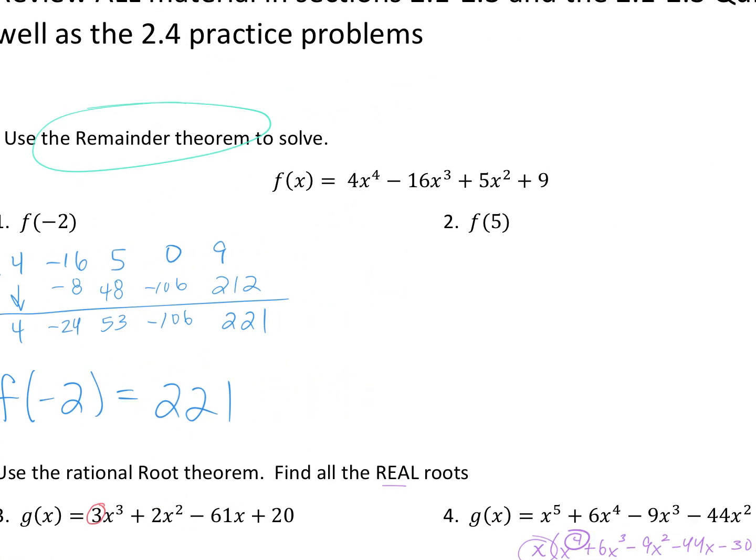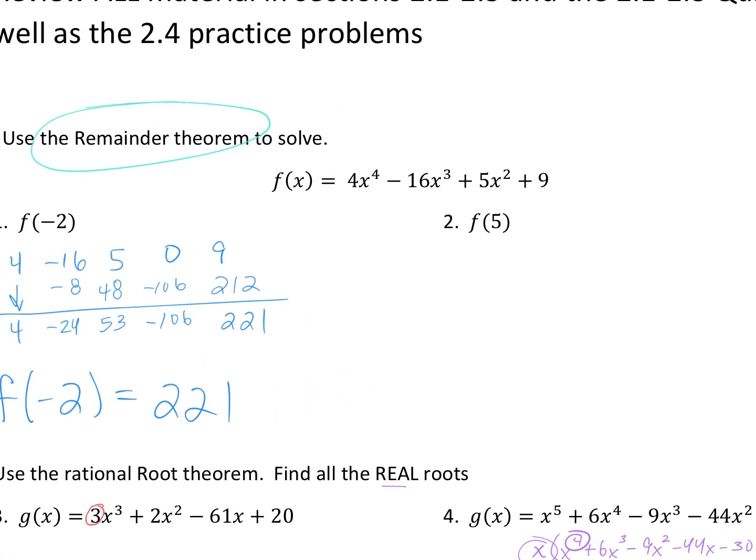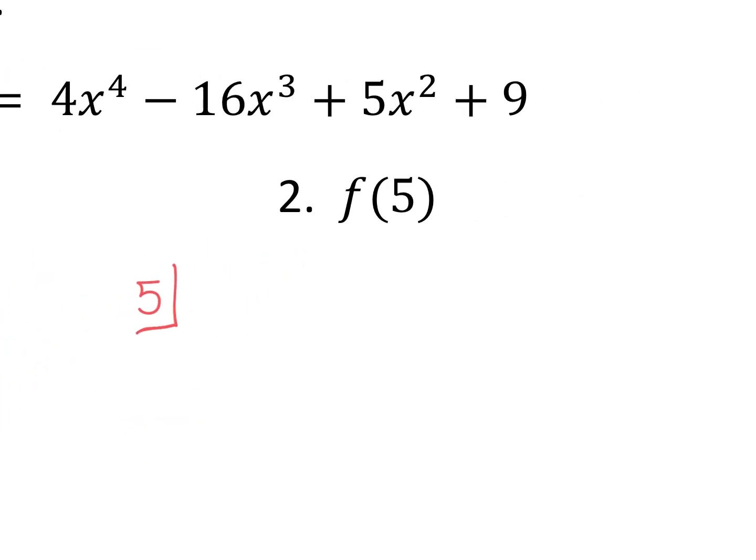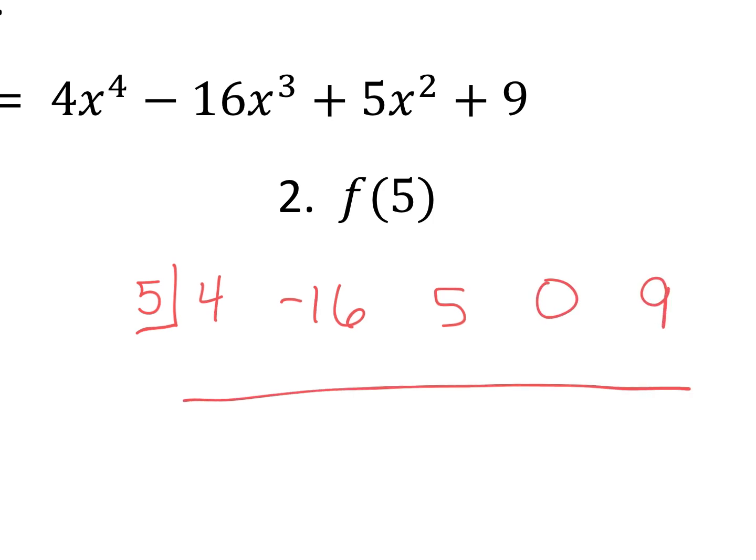Okay, so if we're going to do the remainder theorem on this one, we're going to use 5 to synthetically divide. And we have our coefficients of x to the 4th would be 4, negative 16, 5 for x squared, 0 for x, and 9 for your constants. So we're going to bring down our 4. 4 times 5 is 20.